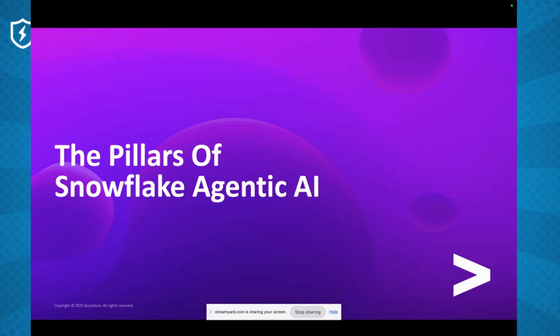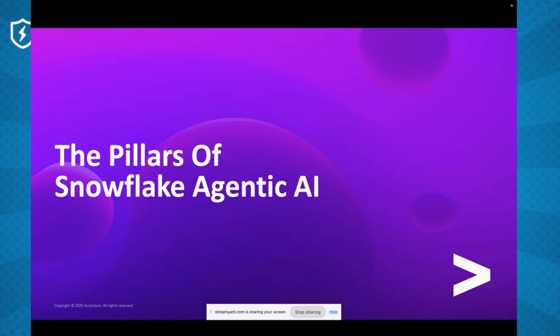Exactly, exactly. Okay, now I'll just take it one level deeper. If you remember, I spoke about the pillars of Snowflake Agentic AI. There are 5 pillars of Snowflake Agentic AI. The Snowflake product team thought about agents much before, and that's where Cortex Analyst and Cortex Search came in.